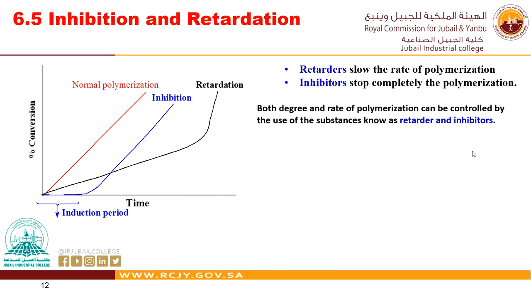This is because of safety considerations, because the monomers can react with each other to generate heat, because it's an exothermic process, and that heat can lead to pressure buildup in a container, and that container can explode, which will lead to uncontrolled release of monomers, and most of the monomers are very toxic.